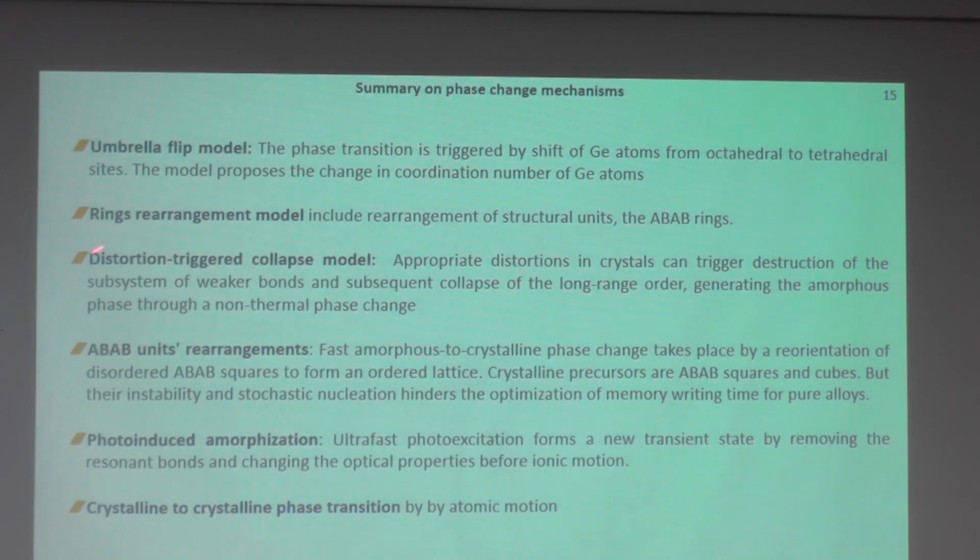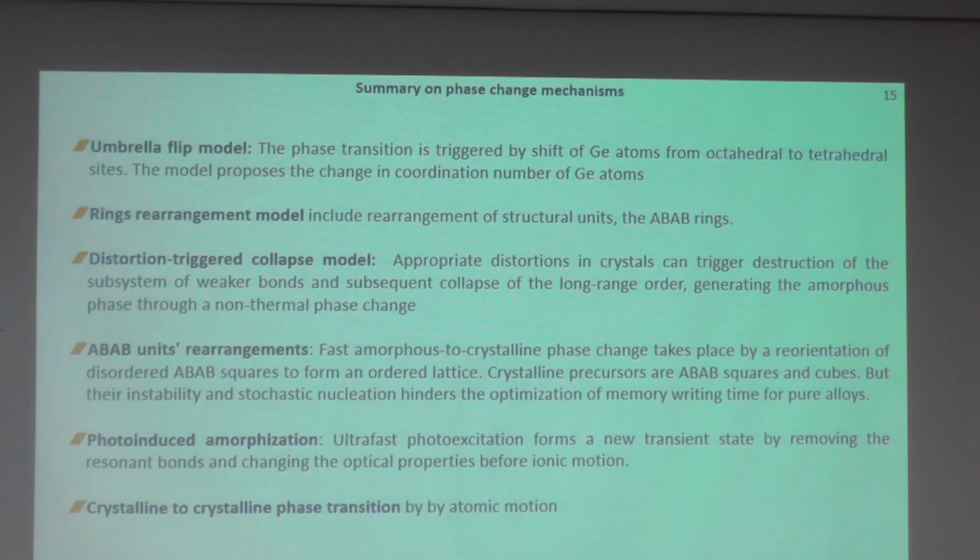And if you have some idea how to realize it, it would be really nice to see. Again, ABAB units rearrangement. Here more theoretical work was done, and it was shown that if you want to crystallize your system, first you need to form such ABAB squares, and this acts as a nucleus, and then they form squares and cubes, and then the system starts to crystallize.